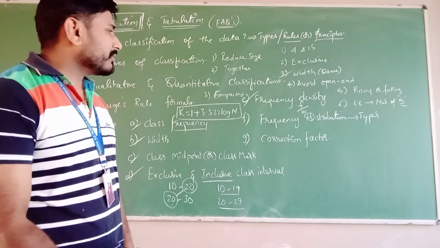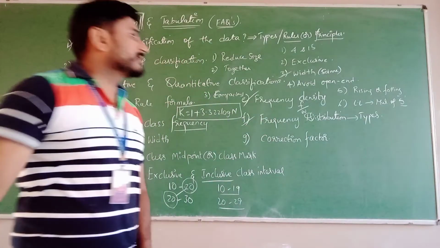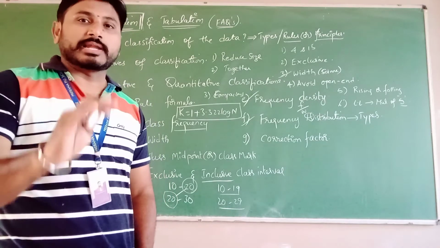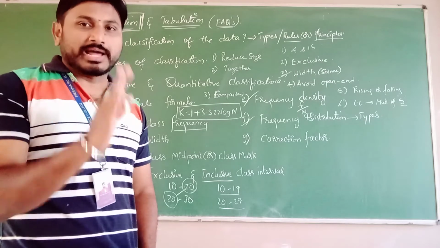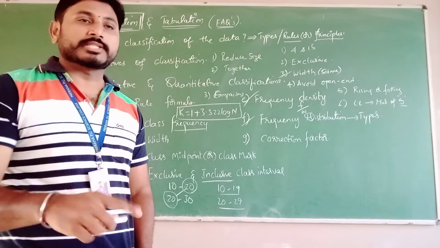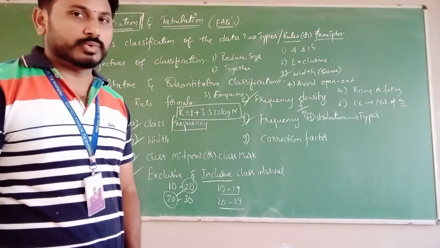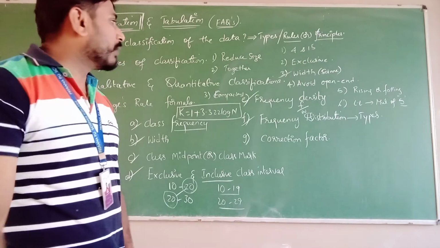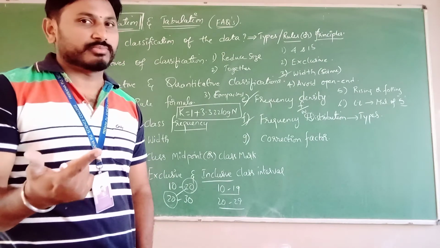Clear, guys? Next, what do you mean by frequency distribution? The systematic arrangement of values of a variable with corresponding frequencies. We call it a frequency distribution. Frequency distributions are of two types: one is discrete frequency distribution, another is continuous frequency distribution.